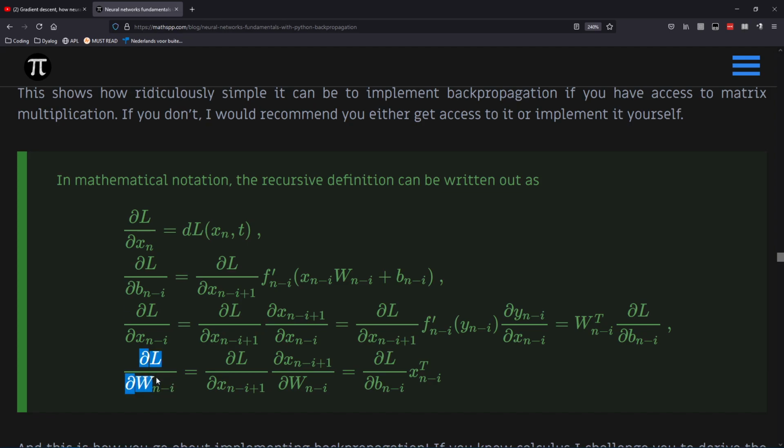And when you find those derivatives, you want to use them to make small adjustments to the matrices and the vectors themselves. So that's why we need dLdB and dLdW, and then dLdX is just a helper variable that is helping you propagate all of the information backwards.